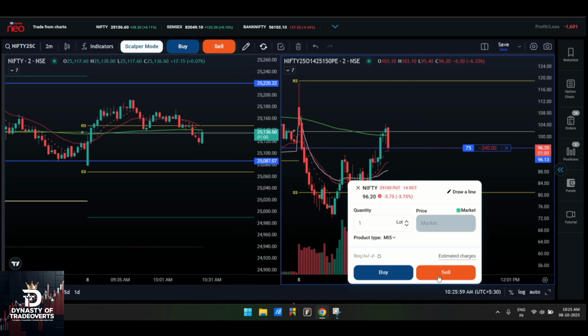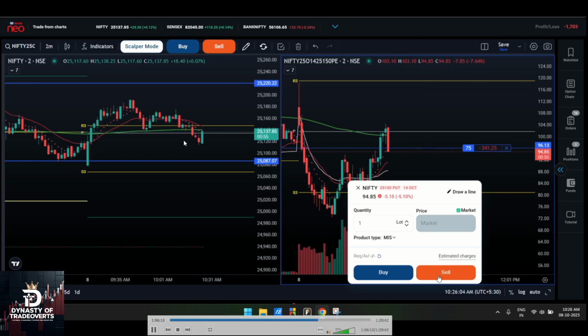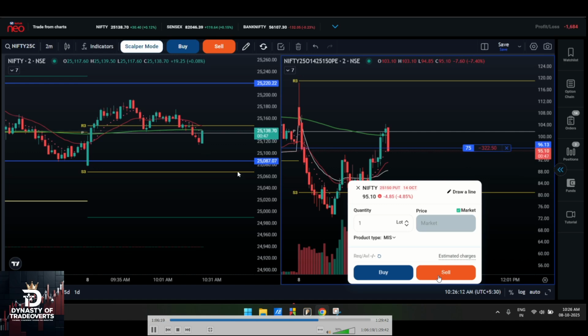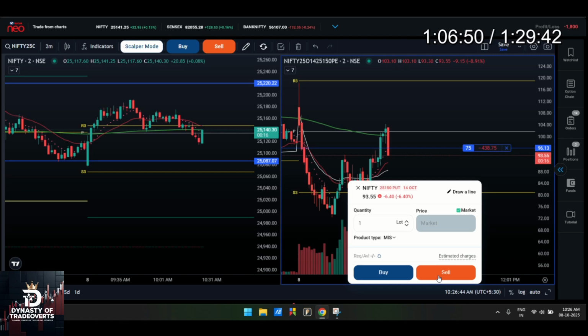So now I'm thinking that I should exit the trade. But in Nifty, I'm seeing, okay, this is a breakdown and it is retesting at the 200 EMA. So maybe it will come down. I'm waiting for the candle close. But the option premiums are coming down very fast. It's almost at my entry where I entered.